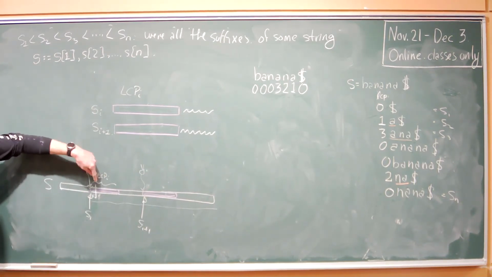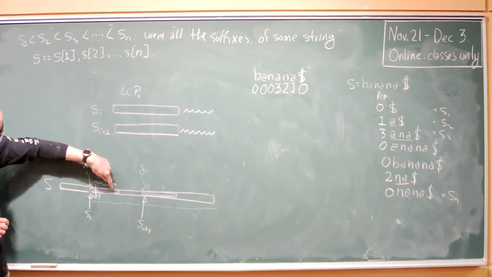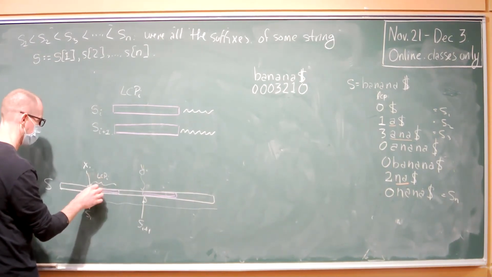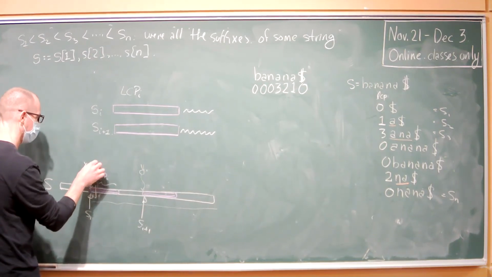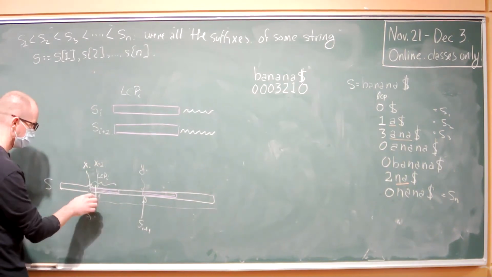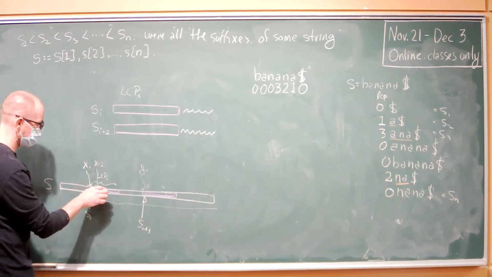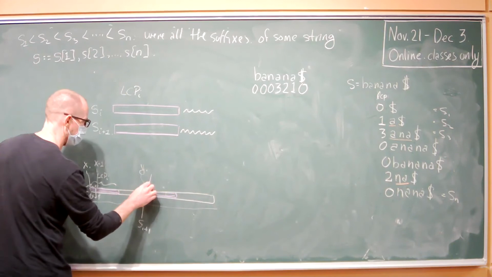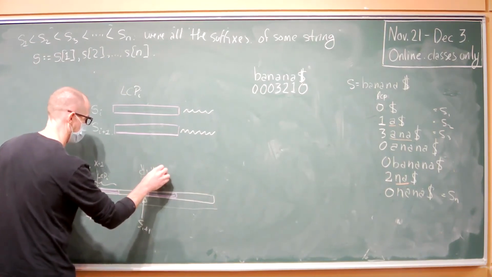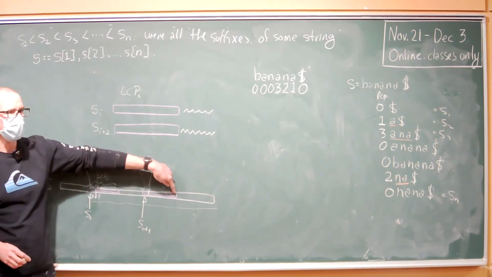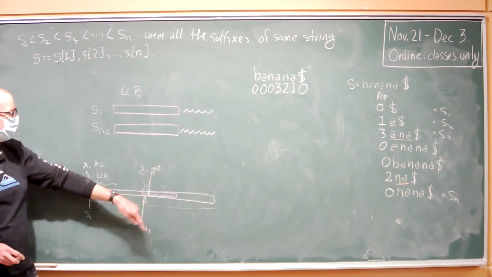Well, I know that there's another string in my set that agrees with this one. So this thing here is position X plus 1. It starts here. It has all of these same characters. I know there's another string in my set, namely the one that starts at position Y plus 1, that agrees with those characters.